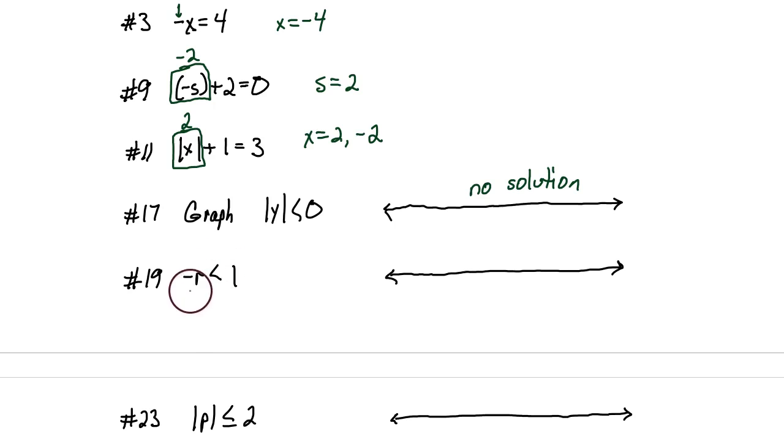Let's solve this equation by dividing both sides by negative 1. When you divide by a negative number, you switch the arrow symbol. R is greater than negative 1 is equivalent to the original inequality. To show this answer, find negative 1, put an open dot, and shade in the numbers greater than negative 1.